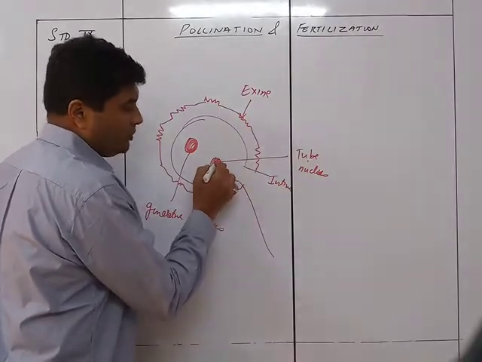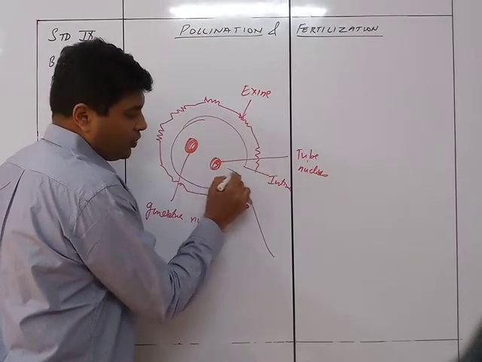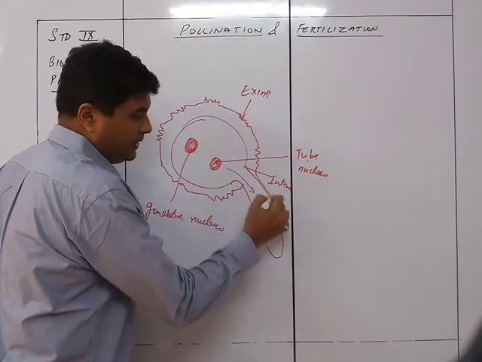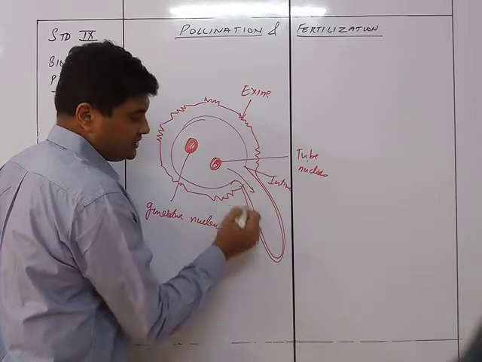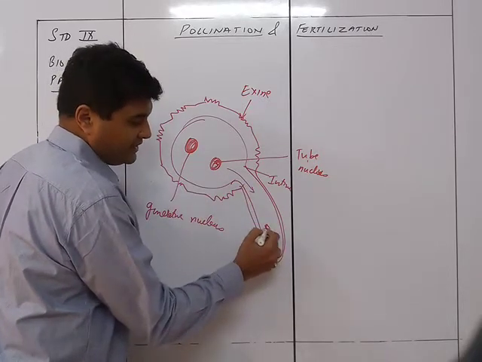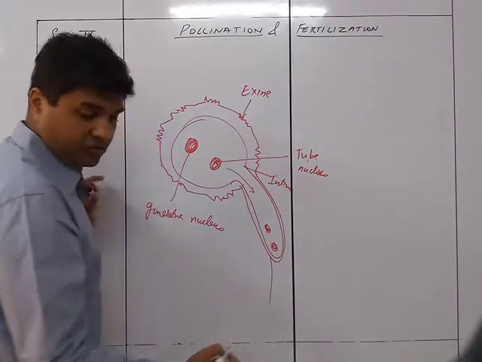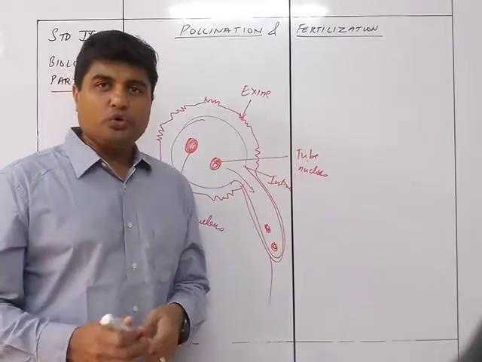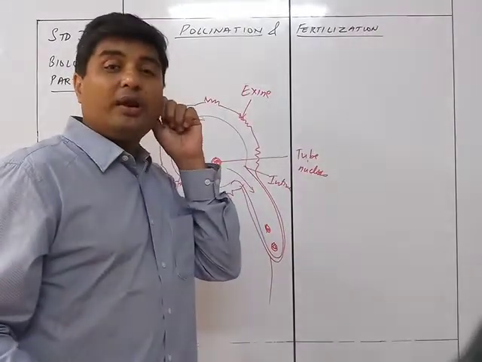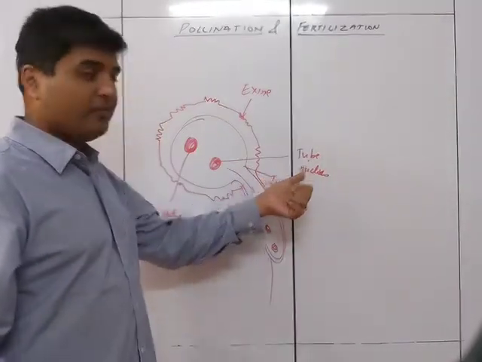The tube nucleus is going to go forward and start developing a double-walled tube like this, through which the two nuclei will start going inside. So the formation of the pollen tube is done with the help of the tube nucleus.